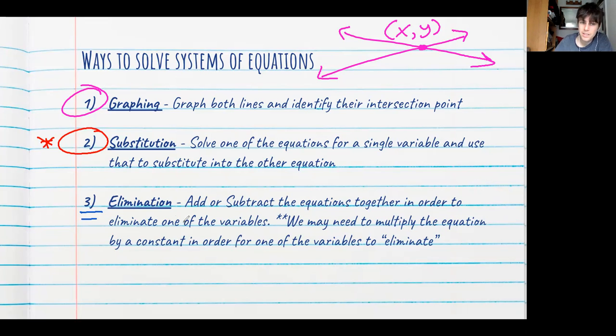This one can be kind of tricky depending on what type of equations we start with. For elimination, we're mostly going to be looking at equations that are in standard form. If we have both equations in standard form, that's most of the time when we use elimination.